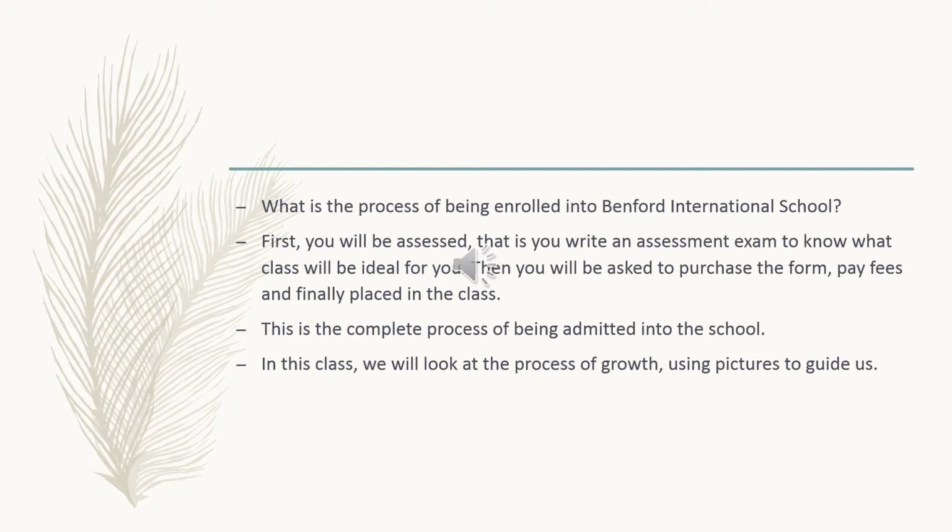Now that's the process of being admitted into the school. First assessment, then form, fees, uniforms, and then you're placed in the class. That is a complete process. Now in this class, we'll look at the process of growth using pictures to guide us.